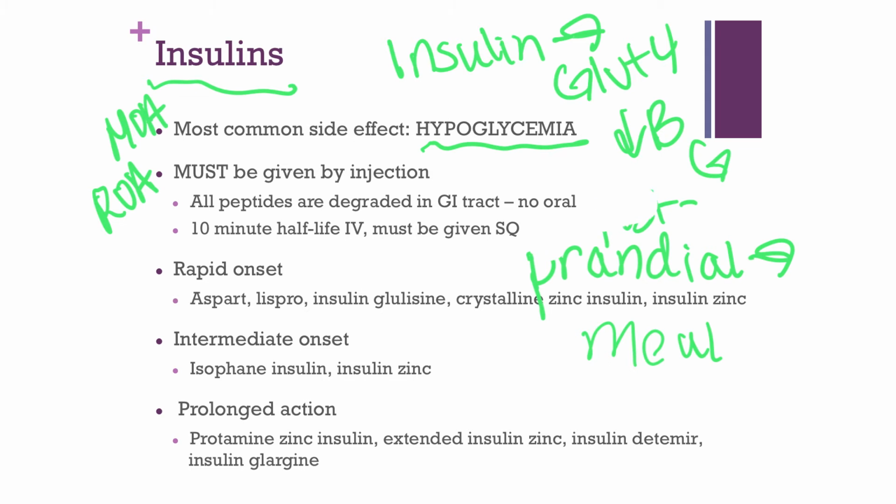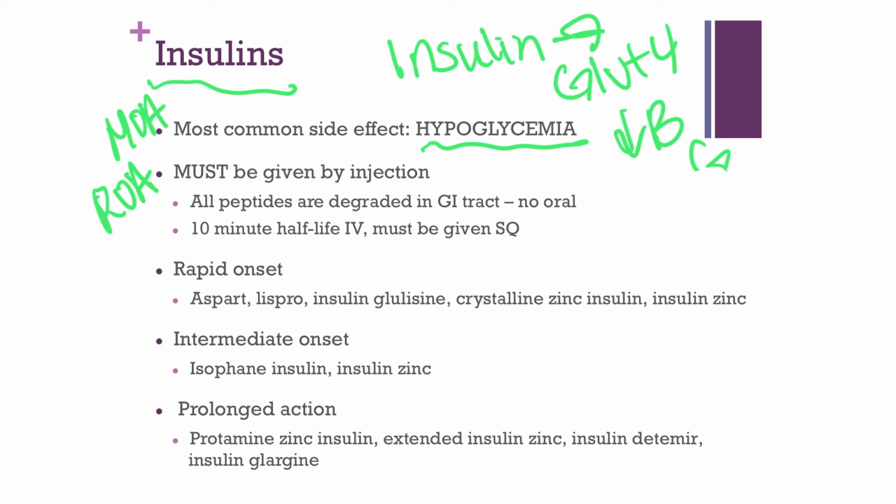We can have management that includes administration of rapid onset medications that would be given before a meal, 10 to 15 minutes before. So pre-prandial or prandial administration, things like Aspart, Lispro, crystalline zinc insulin, insulin zinc.